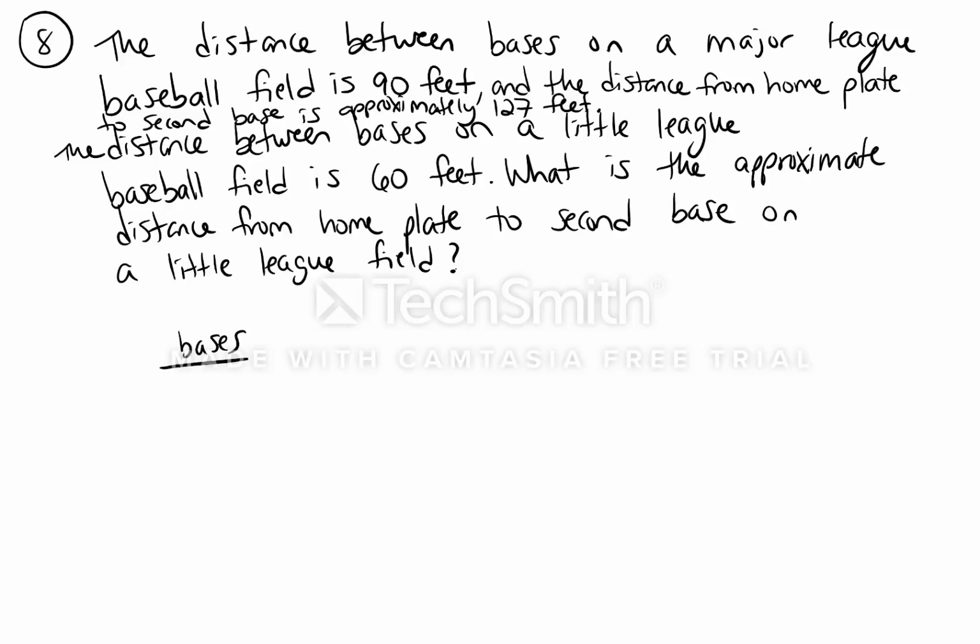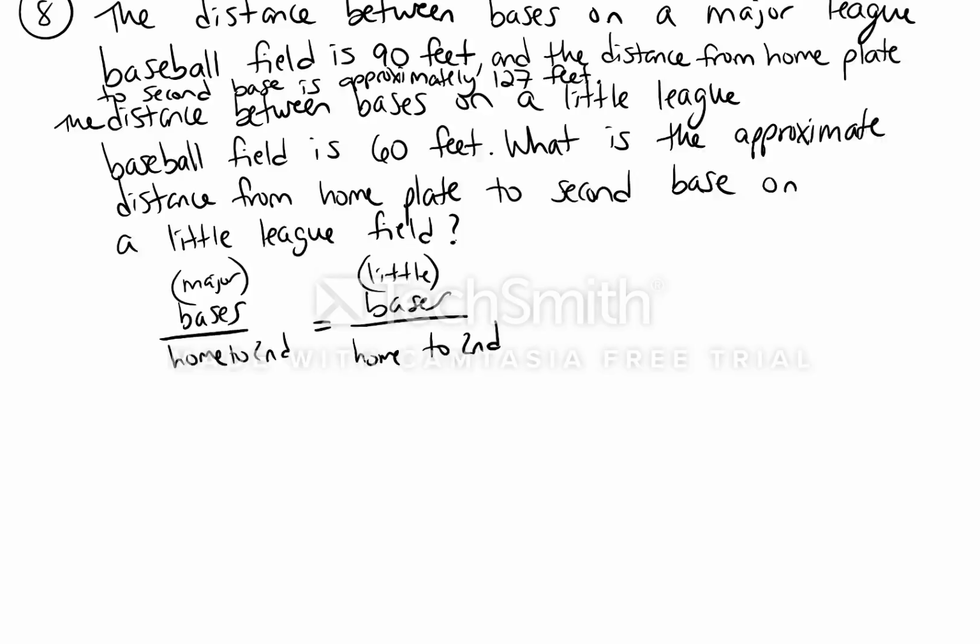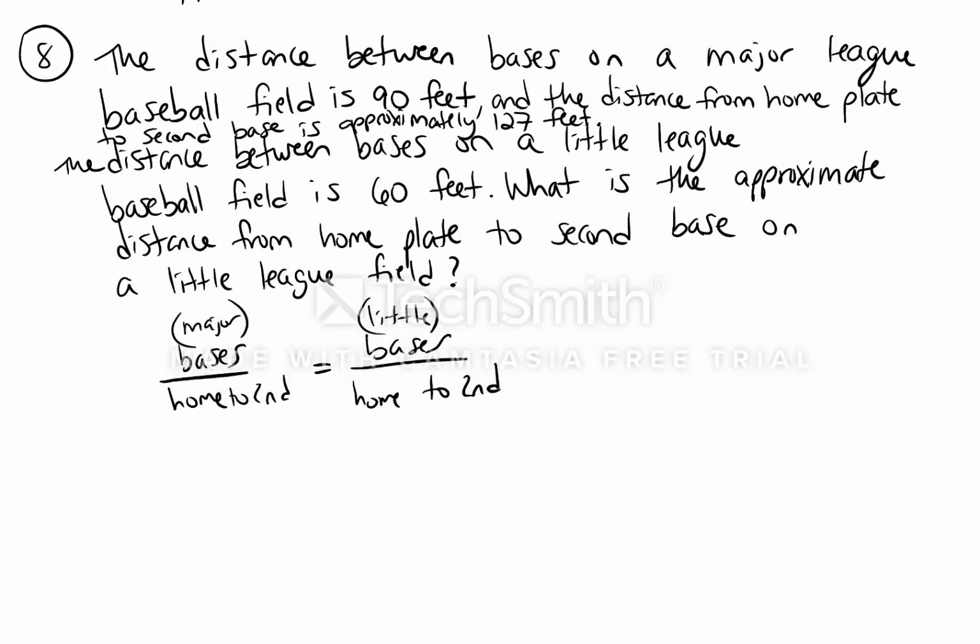Here we go. So we're actually going to put bases over home to second equals bases over home to second. And the first proportion is dealing with Major League, and the second proportion is dealing with Little League. So then I set it up as 90 over 127.